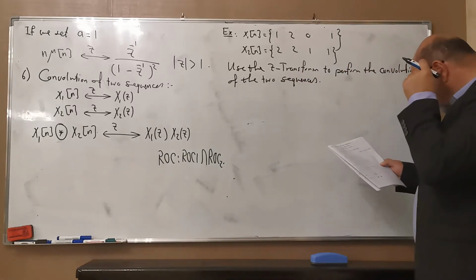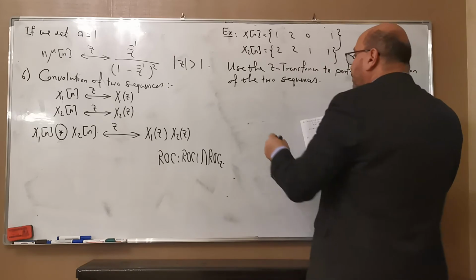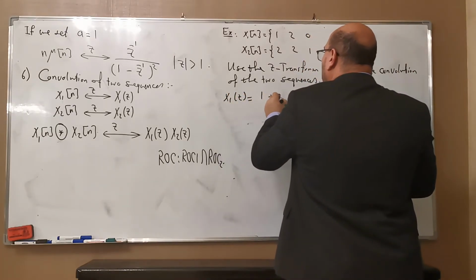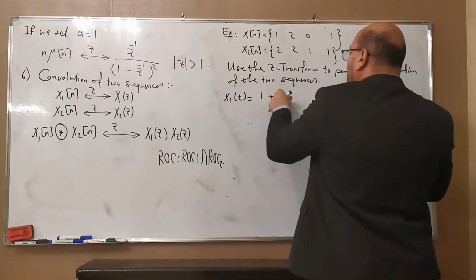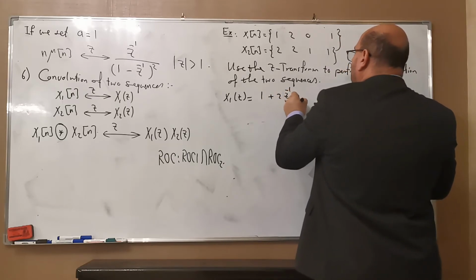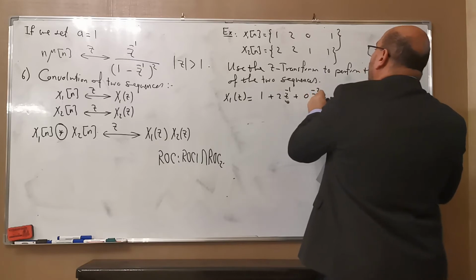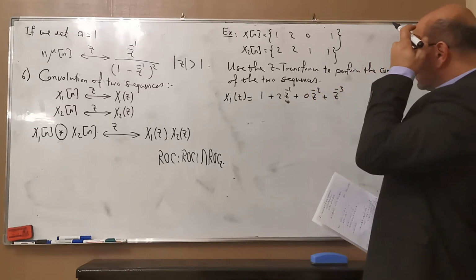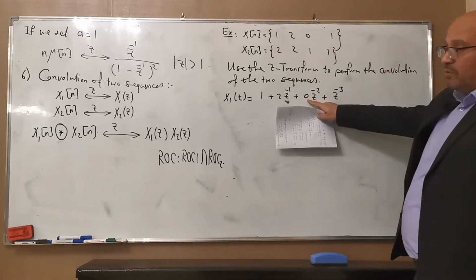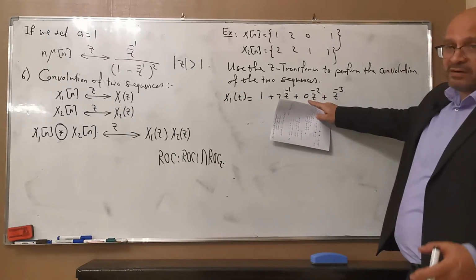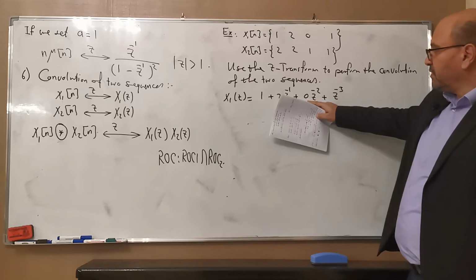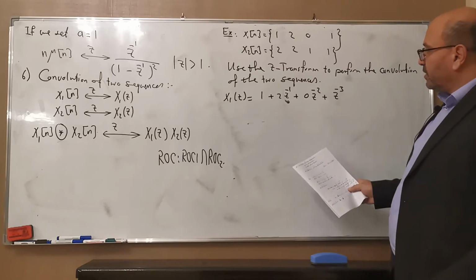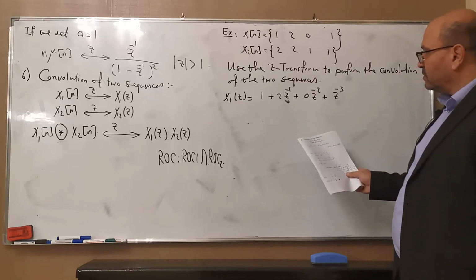Okay, so x1 of Z is equal to 1 plus 2 Z inverse plus 0 Z to the minus 2 plus Z to the minus 3. This is the Z transform. I actually put the 0 here, which supposedly we have to take it out, but I put it here because I'm gonna do the multiplication with the orders of the polynomials, so I'm gonna make use of it.